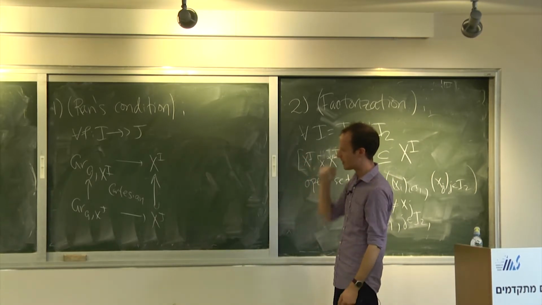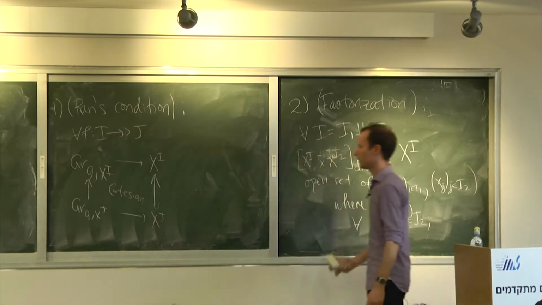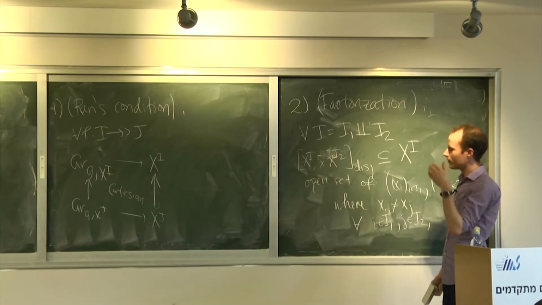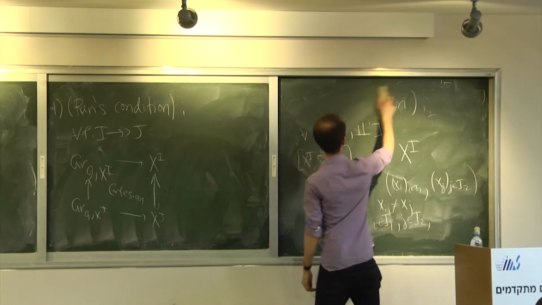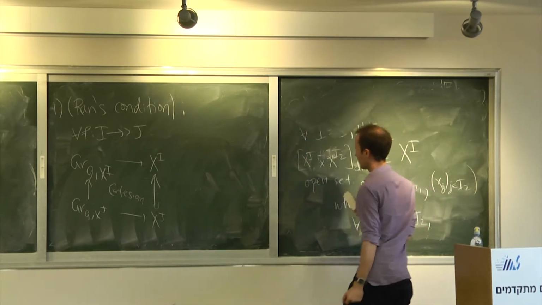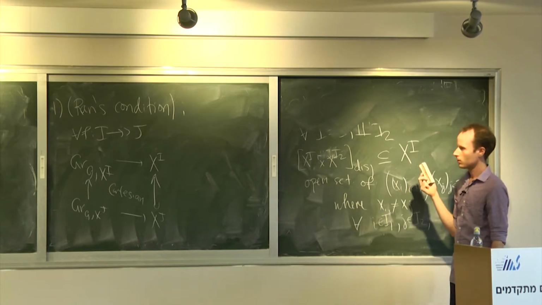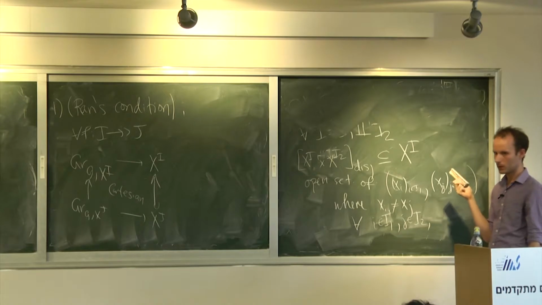But here it's an infinite dimensional variety. And luckily, infinity plus infinity is equal to infinity. OK, so the map is actually smooth? It's formally smooth. Oh, okay. Yeah. Any questions at this point?